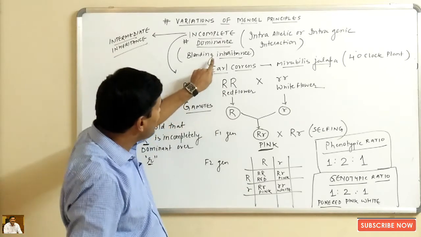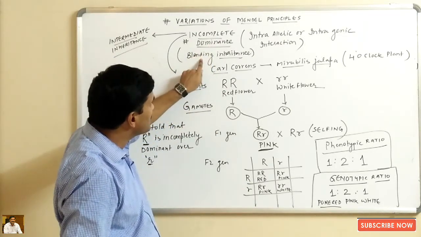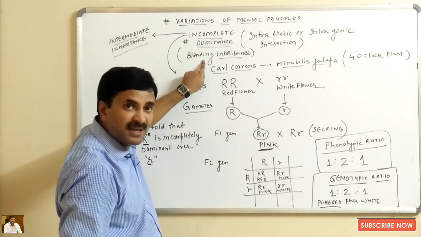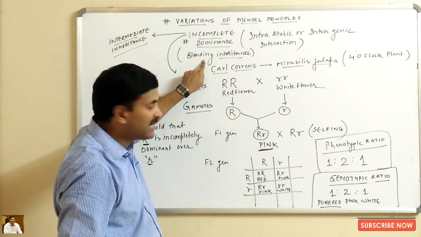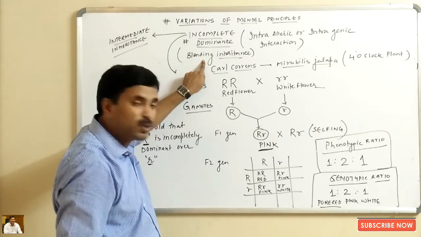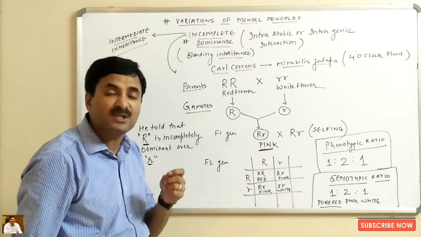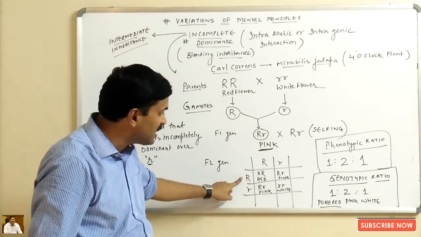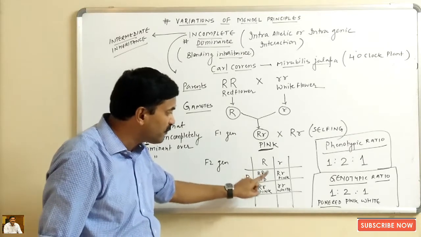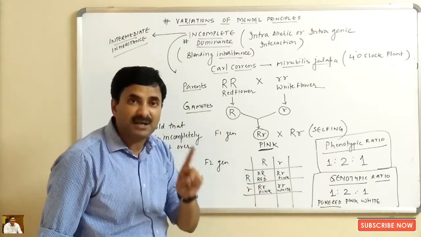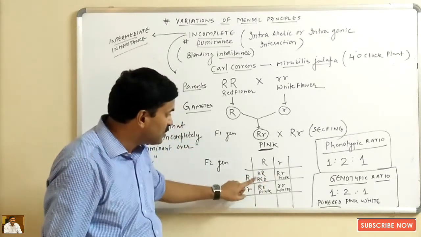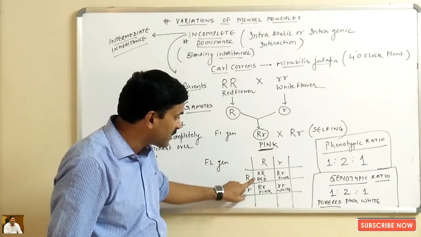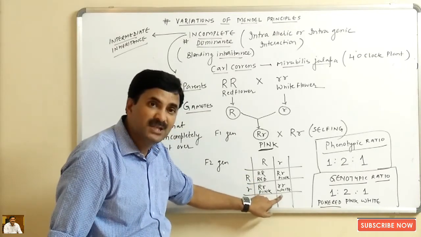Now we have said that incomplete dominance is a type of blending inheritance, but we will say here that it is not a true type of blending, because you can see that in the F2 generation we have got only 50% pink progenies, while 25% of the progenies were red and 25% were white.